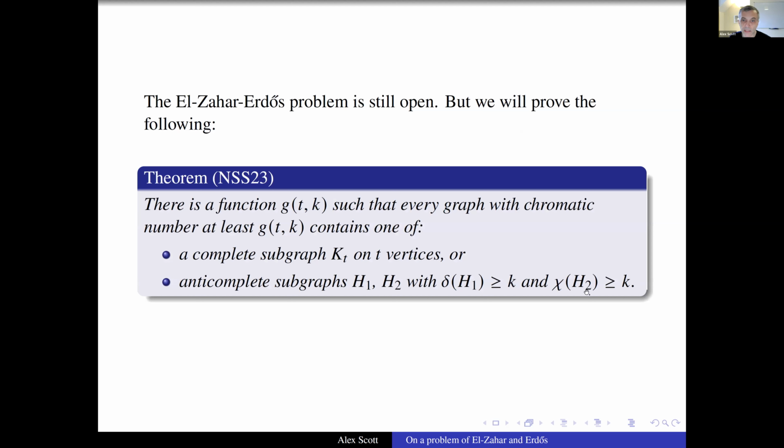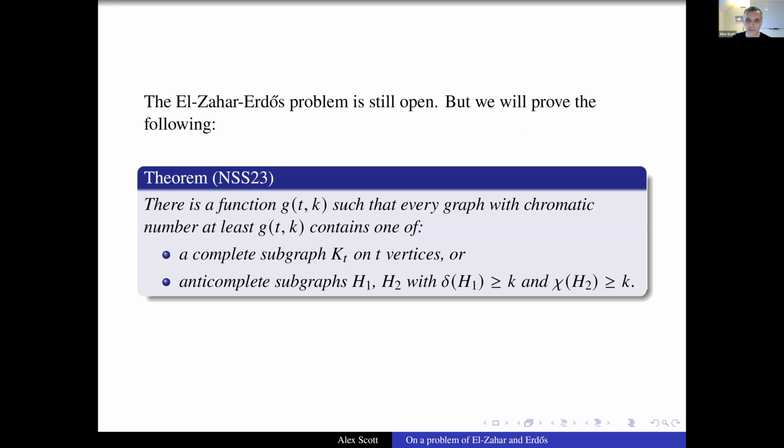So one is the following. Rather than two subgraphs with large chromatic number, you ask for one to have large chromatic number and the other one to have large minimal degree.